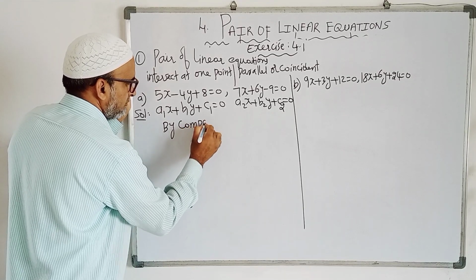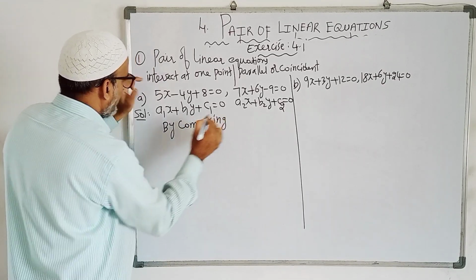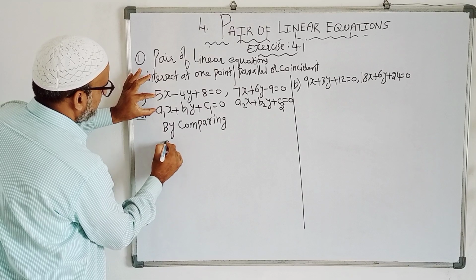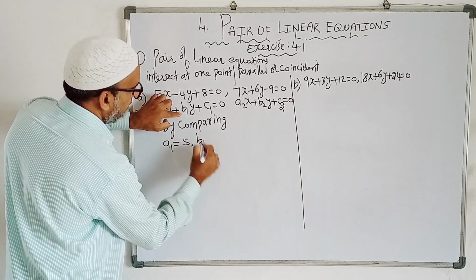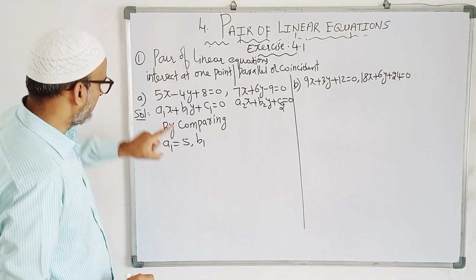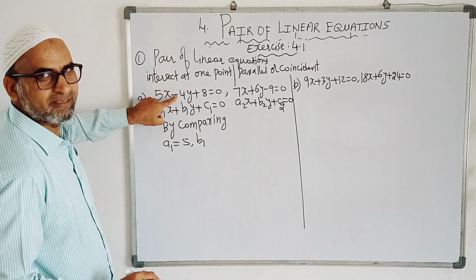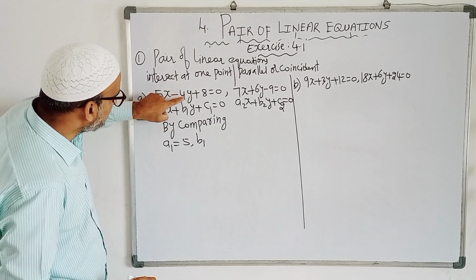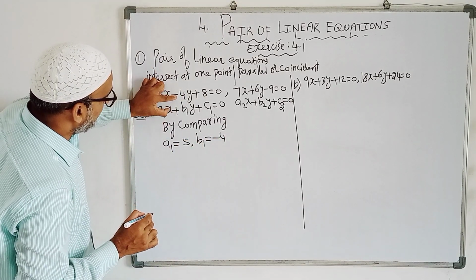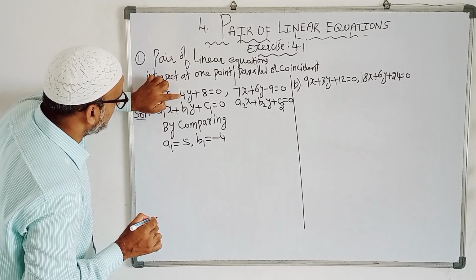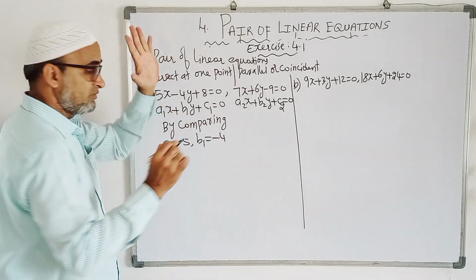Now by comparing, you compare the values. A1 is equal to 5. Here is one important point: here plus is there, but here minus is there, so B1 is equal to minus 4, that is very important.